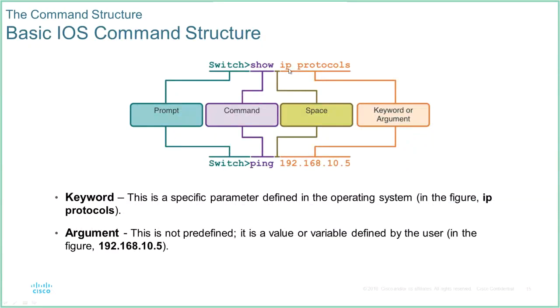I want to access the IP subset, specifically the protocols that run on IP. In this one, we want to ping, and we want to ping this device. So we want to check whether we've got connectivity to a specific device.